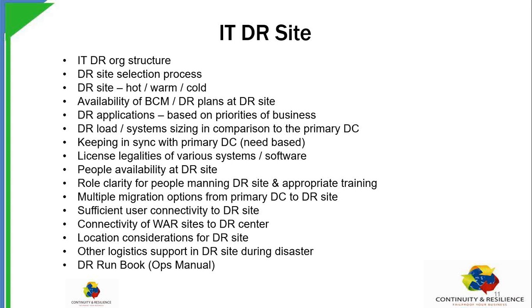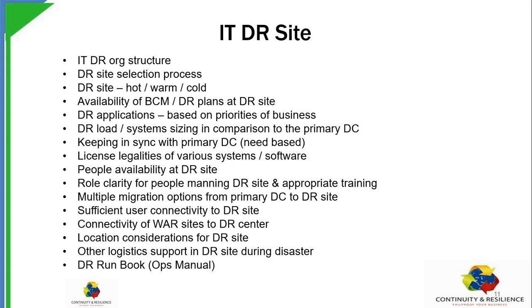Just in brief, a hot site is a kind of plug and play site where you have everything available. You have your systems, your infrastructure, your applications installed, your seats earmarked. When we're talking about IT DR here, it would not be people moving.